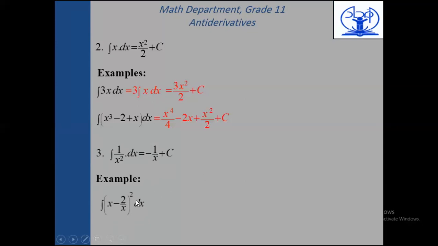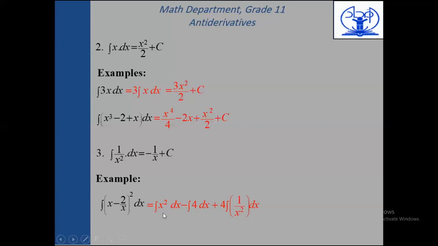So what's the integral of this one? For sure, here the integral is x minus 2 over x all to the power 2. It's not matching rule 1 or rule 2 or rule 3. This is u to the n. What is the integral of u to the n? We don't know. So all what we need to do here is first to split this integral and to expand as x squared, like a minus b all squared.